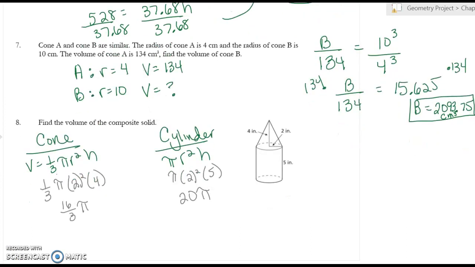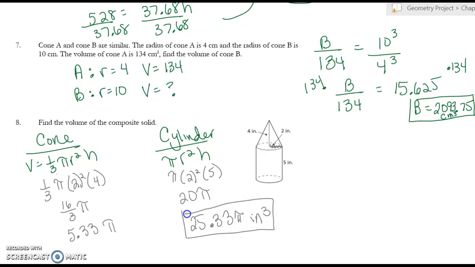Okay, so when you plugged in the cone, you should have gotten 16 over 3 because the radius is 2. And in the cylinder, the radius is also 2. And so now 16 divided by 3 plus 20, well, 16 divided by 3 is 5.33. So when I add these together, it's 25.33 pi inches cubed.